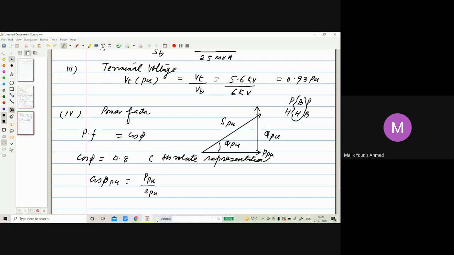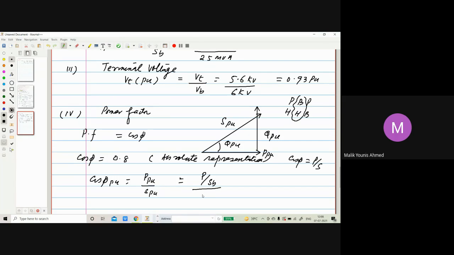So cos phi is equivalent to P by S, here PPU by SPU. What is real power in per unit? That is the actual value of the power divided by the S base, because the base remains complex power. We have seen it yesterday.